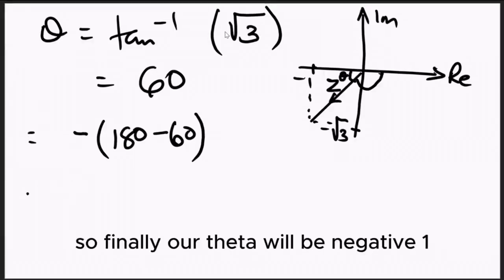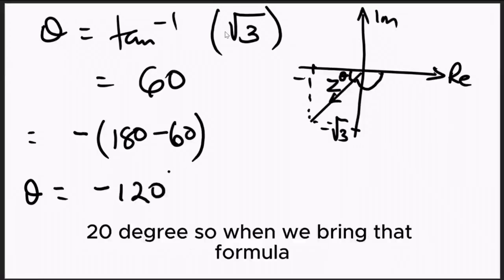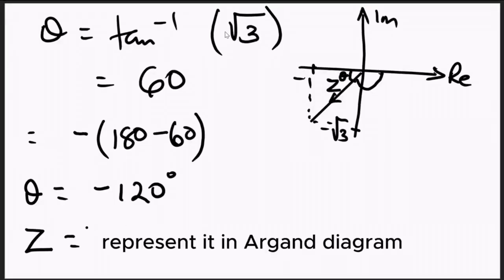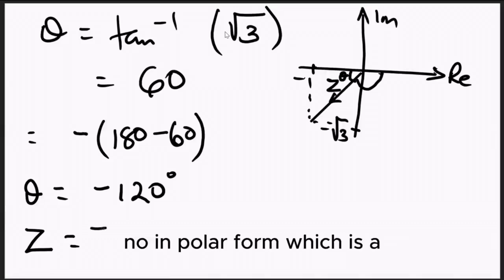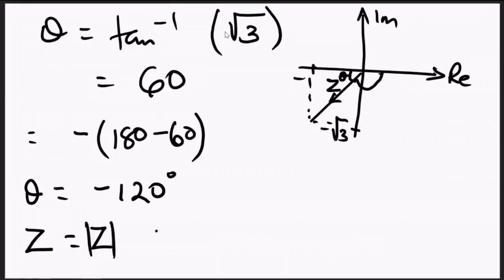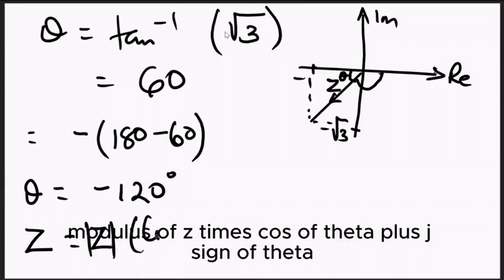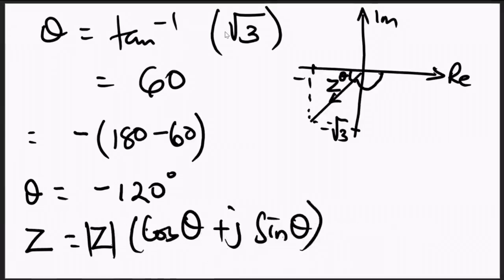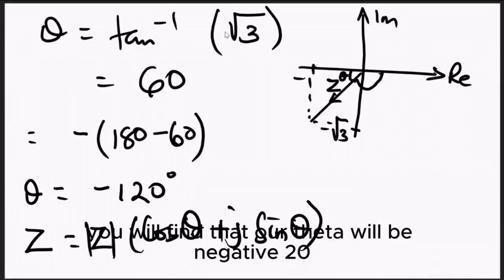So finally, our theta will be -120 degrees. So when we bring that formula, represent it in polar form, which says modulus of Z times cos of theta plus j sine of theta, you will find that our theta will be negative 120.